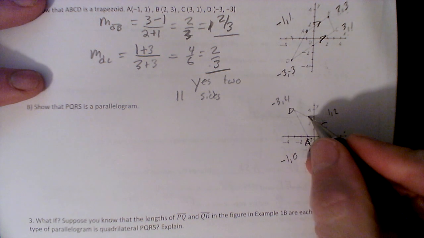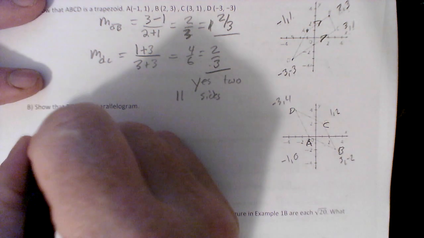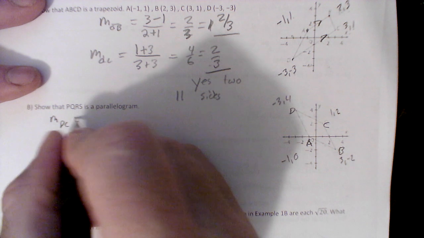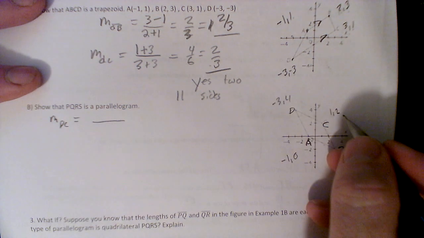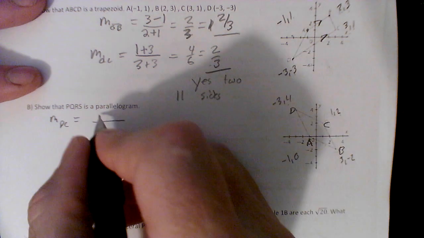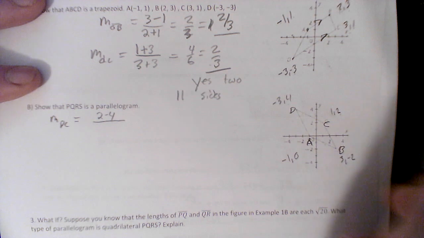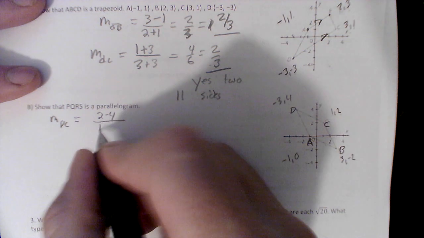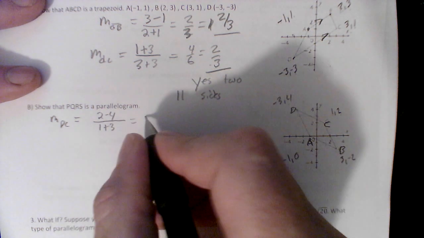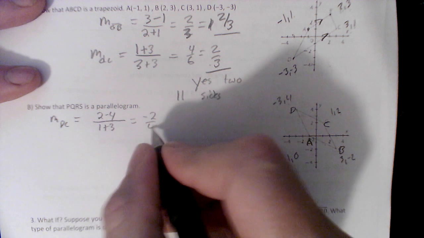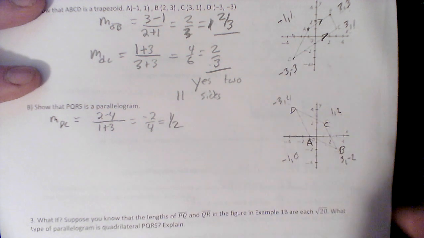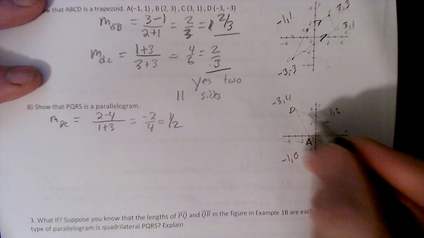So let's compare the top and the bottom. On mine, that's going to be DC. So that is 2 minus 4, subtracting my y's, over 1 minus negative 3, or 1 plus 3. Which gives me negative 2 over 4, which gives me negative 1/2.